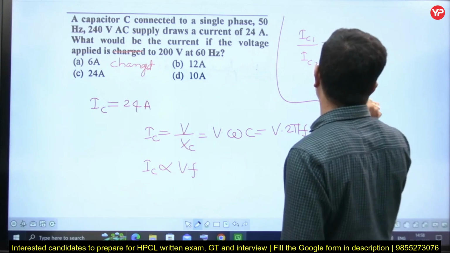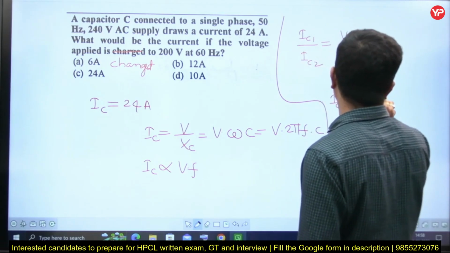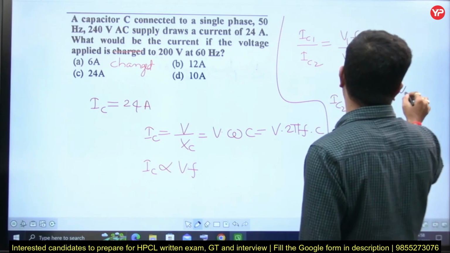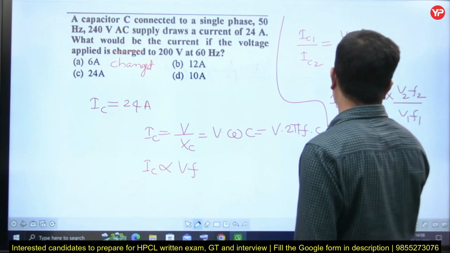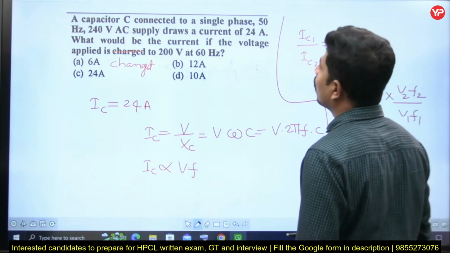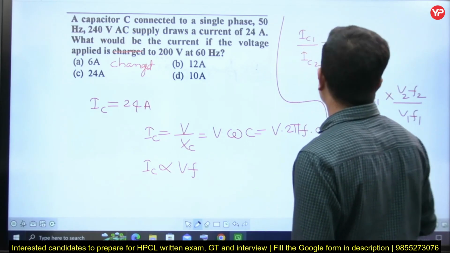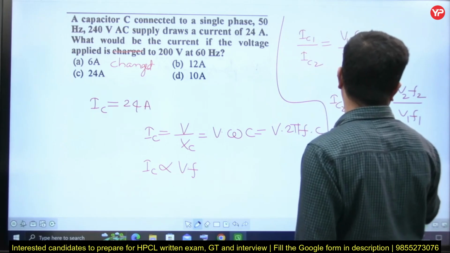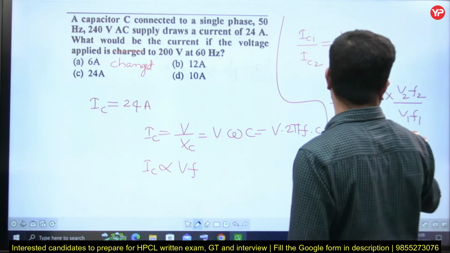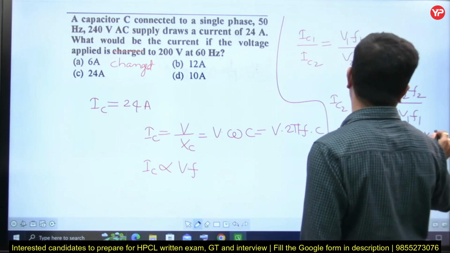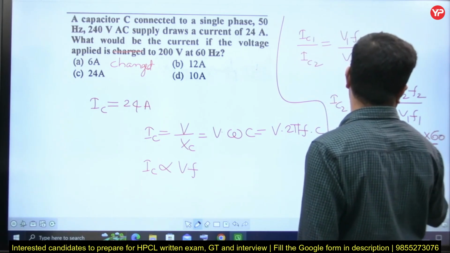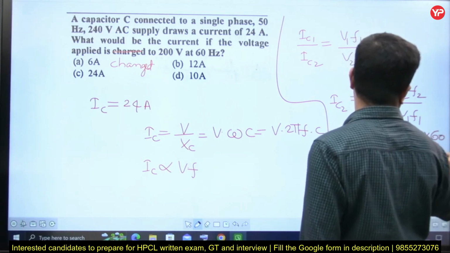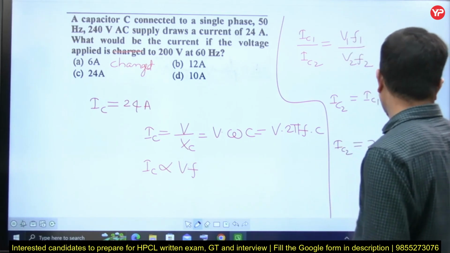So IC2 is equal to IC1 into V2 F2 by V1 F1, which is 24 into 200 into 60 by 240 into 50.